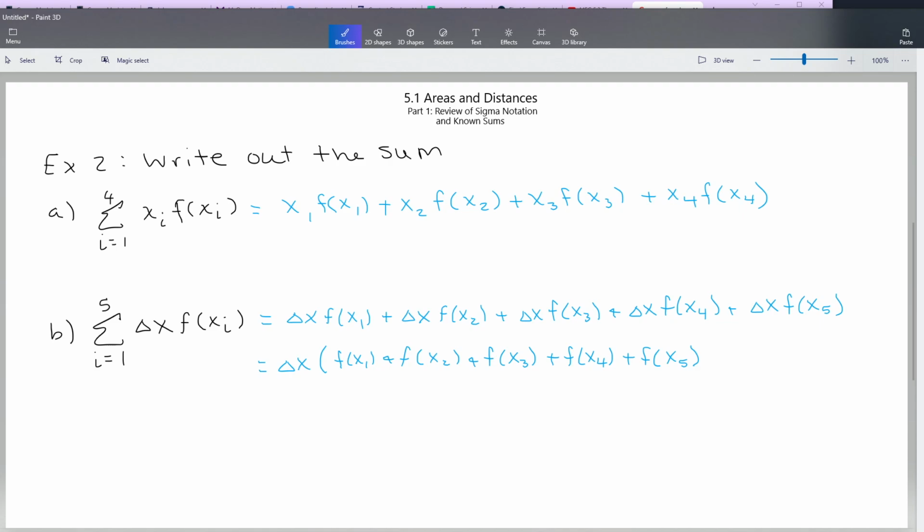Okay, now this is something that you actually see with any sum. If you have a sum where you have something like a constant, okay, so in this example, what we have is a constant times f of xi. We can actually factor that out of every single term, right? So it turns out to be that constant times the sum.